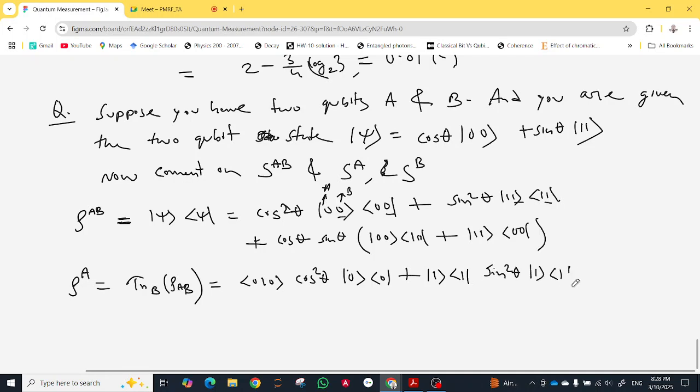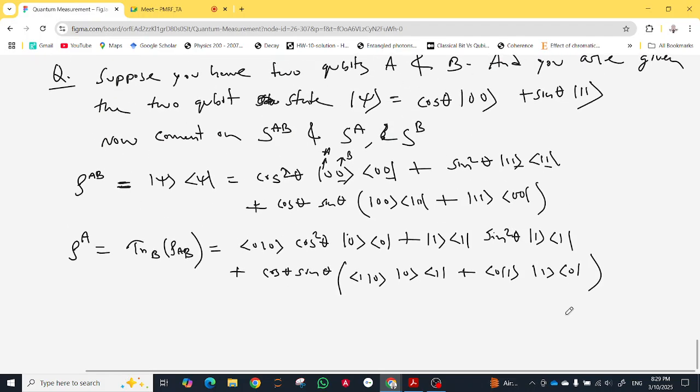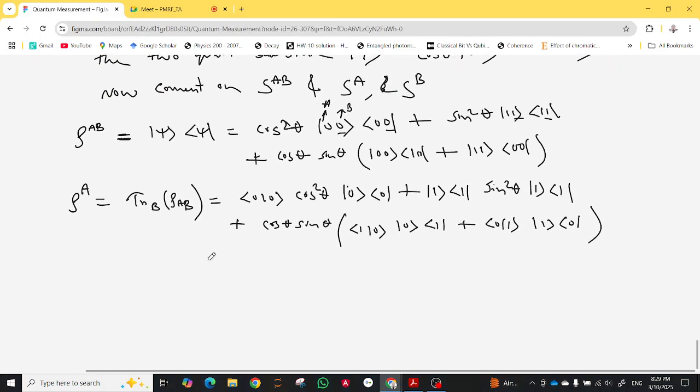The first part remains the same. From the cross terms, this is cos theta sin theta, this will be the 1 0 inner product, this is 0, this is 1, plus the 0 1 inner product 1 0, right? Just calculate, you will get this. Okay, so this is your partial trace. This is your rho A, the density matrix of the subsystem A.